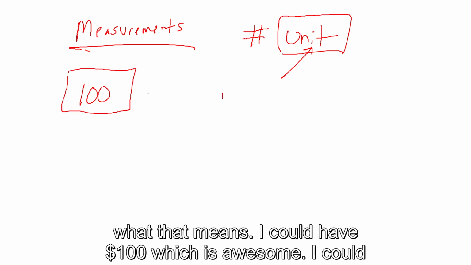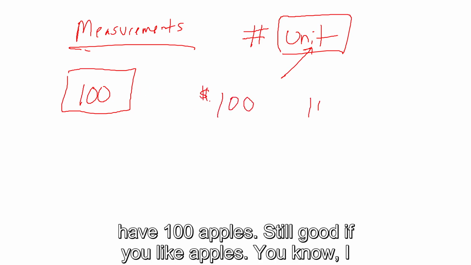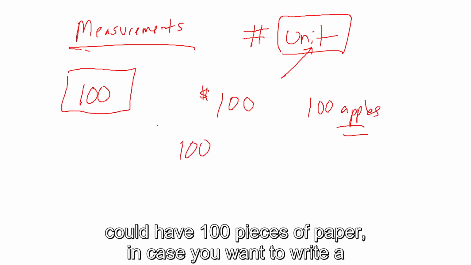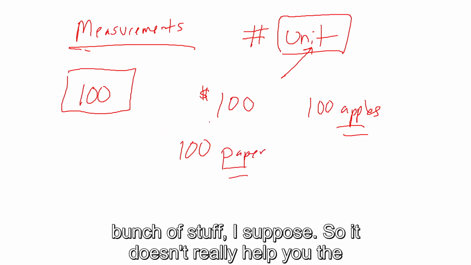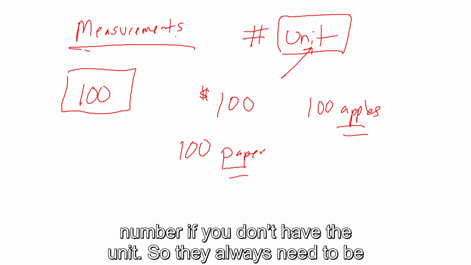I could have $100, which is awesome. I could have 100 apples, still good if you like apples. I could have 100 pieces of paper in case you want to write a bunch of stuff, I suppose. So it doesn't really help you, the number, if you don't have the unit.